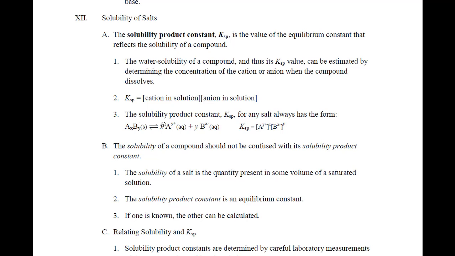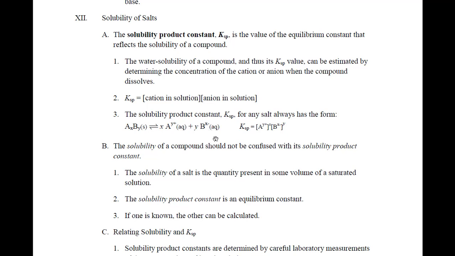You can put the salt in the water, stir it around for a while, and let it sit for half an hour or so until it reaches equilibrium. Then this solid salt on the bottom of the water mixture is in equilibrium with the ions in solution above it.